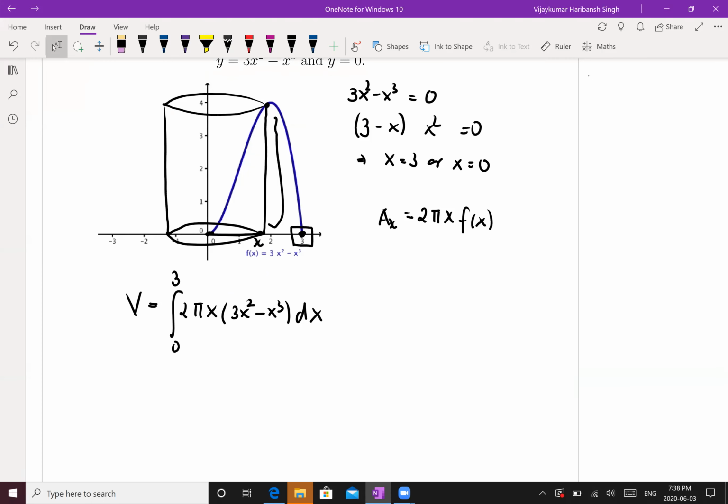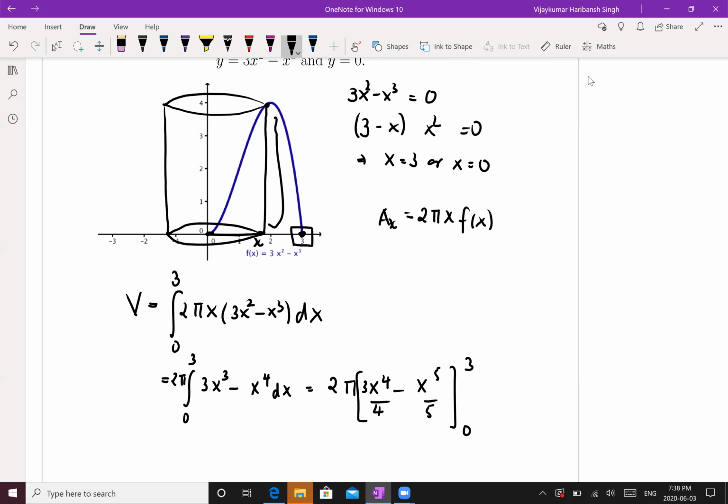So you add all these shells up and this is your volume. If you want to compute it, let's go ahead and do this. So 0 to 3, 2 pi comes out, we have 3x cubed minus x to the 4 dx. This is going to be 2 pi times x to the power 4 by 4 times 3 minus x to the power 5 by 5, from 0 to 3.